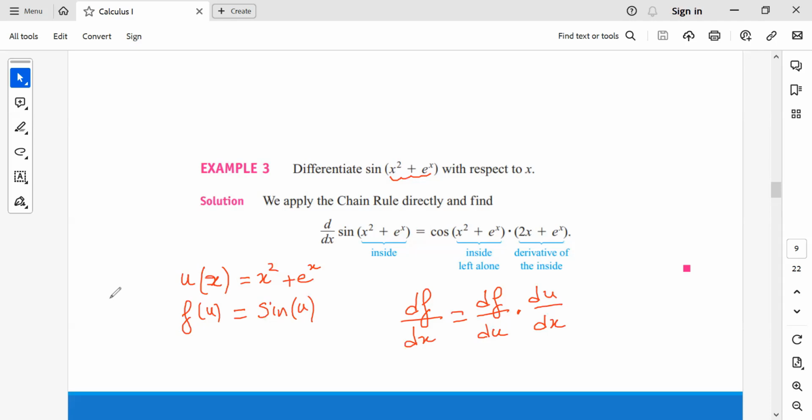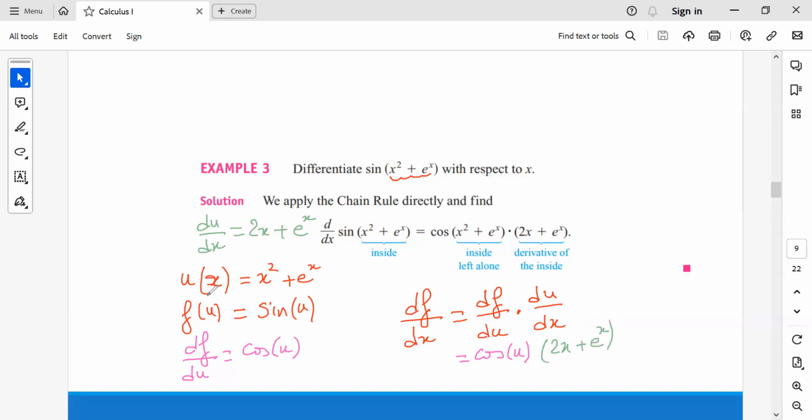So we calculate its expression. df with respect to u: the derivative of sine is cosine, so here we have cosine u, whereas the derivative of u with respect to x is the derivative of x squared, which is 2x, plus the derivative of exponential x, which is exponential x, so 2x plus exponential x.